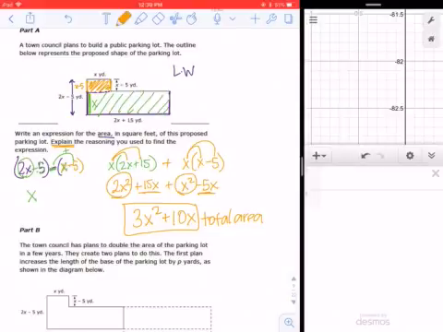If I label this one number 1, I could say here is the area of number 1. And if I call this number 2, I can say this is the area of number 2. And that is good explanation.